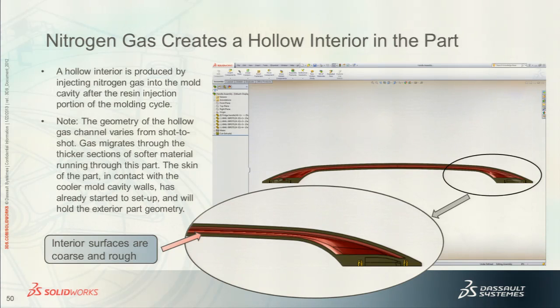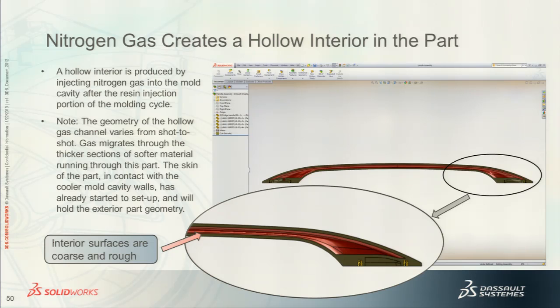The gas assist, what you do is rather than filling your mold cavity 100% with resin, you stop at about the 80% point of fill, and then you inject nitrogen gas, which will flow through the center of the part, which is still the most molten portion of your melt that has gone into the mold cavity.